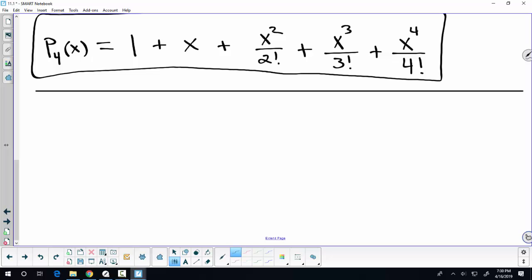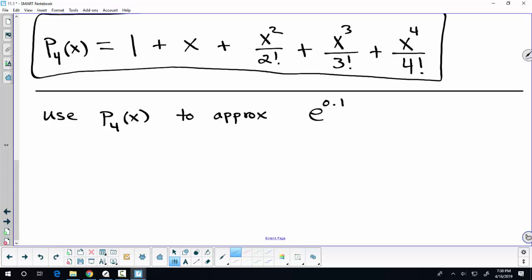So I know that's all it says, but let's just show kind of how this works in practice. Use the fourth degree Taylor polynomial to approximate, let's see, e to the 0.1.